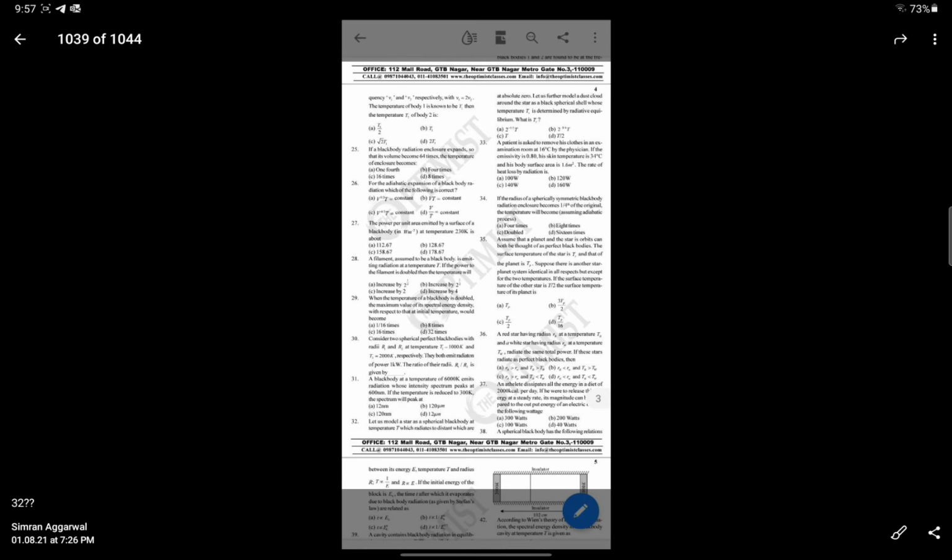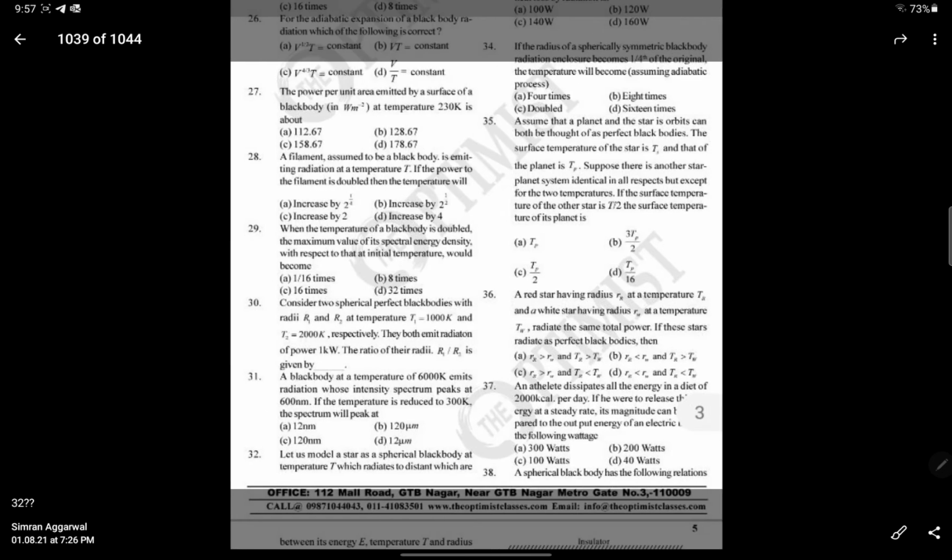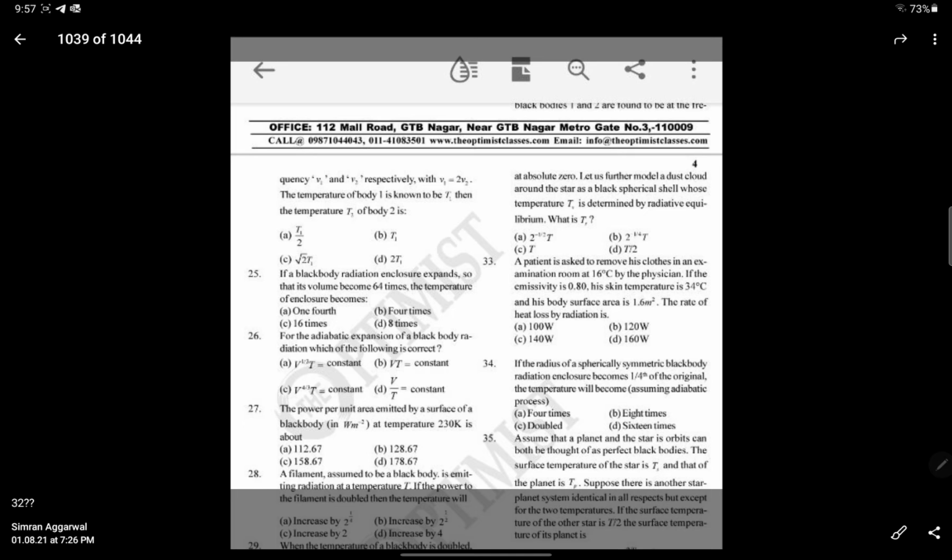there is a star and its temperature is T, which radiates to the surrounding, and the surrounding is at absolute zero. Now we include the cloud also surrounding the star. So thus there is an equilibrium.